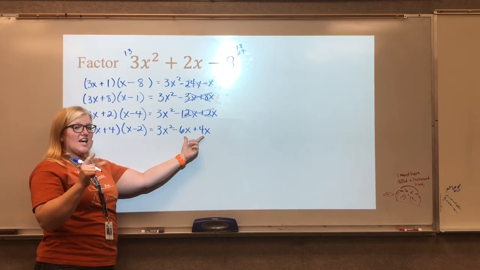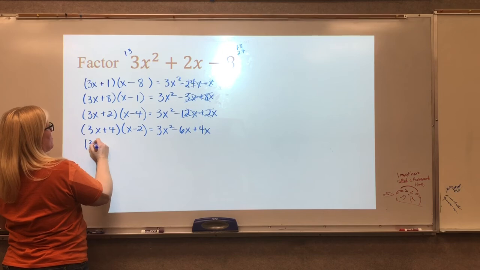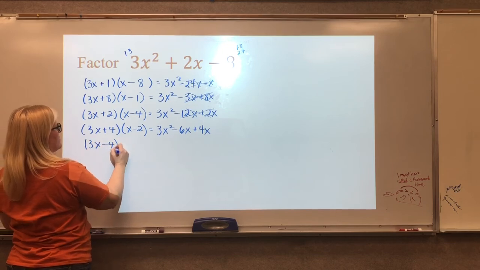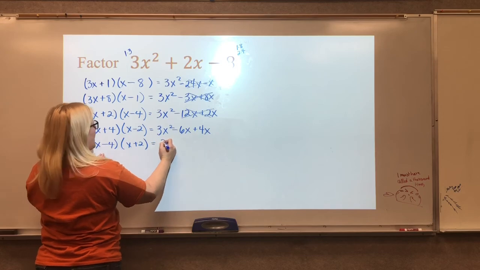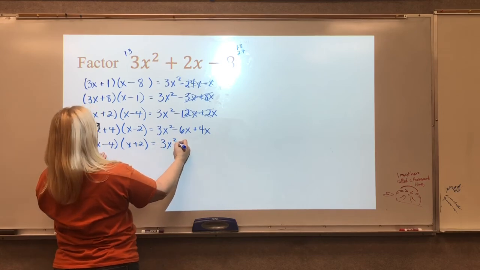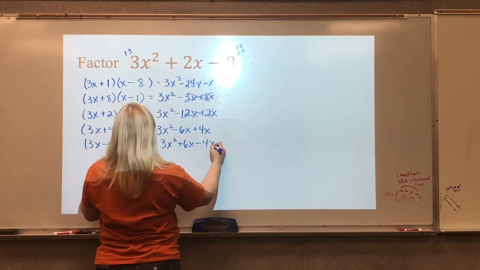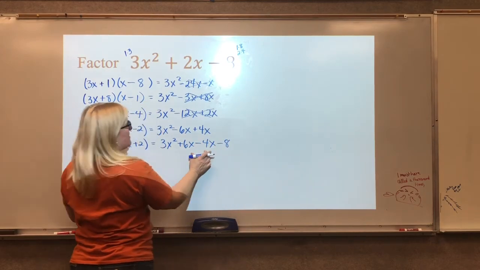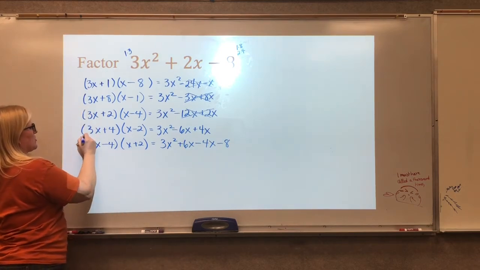What this tells me is I just need to switch the signs. So I'm going to do 3x minus 4 times x plus 2, and I get 3x squared plus 6x minus 4x minus 8, and this gives me 2x, which is what I want. So this is my answer to this one.